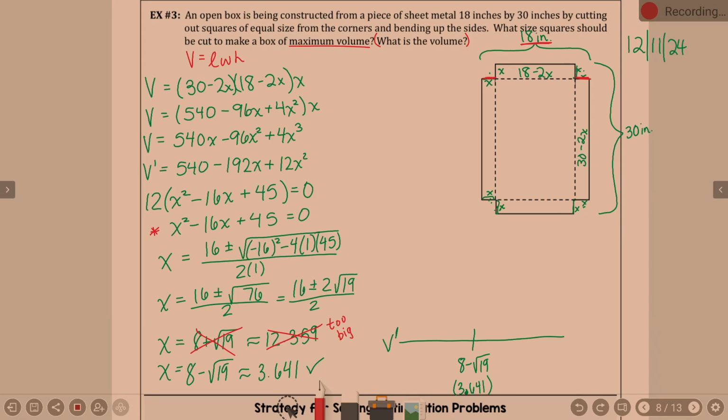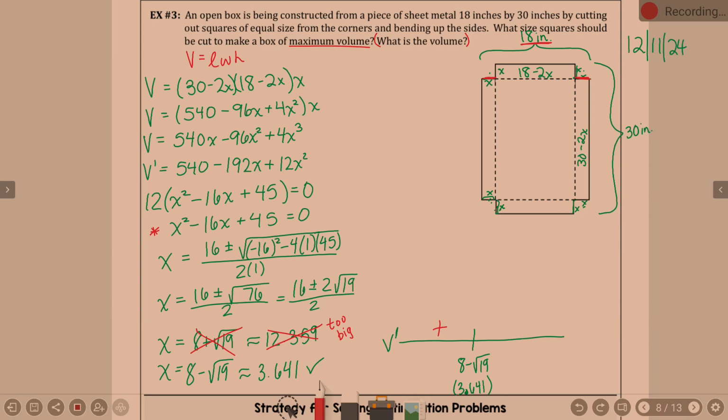So if I plug in 3.6 squared minus 16 times 3.6 plus 45, I just need a ballpark, because I just need to know if that gives me a positive or a negative. When I plugged in 3.6, I got 0.36, which is barely positive.